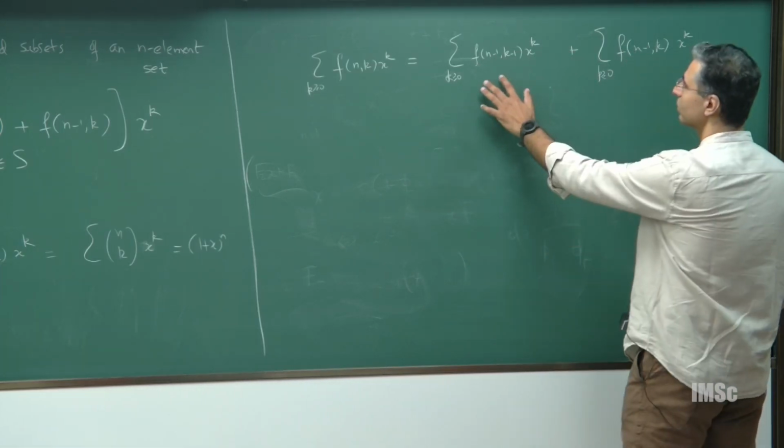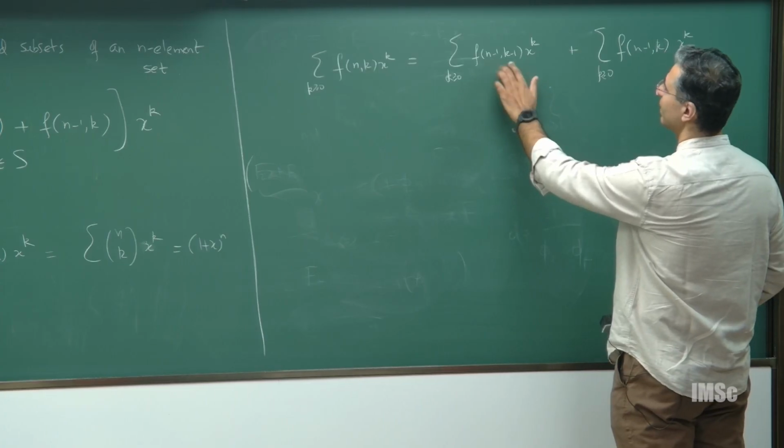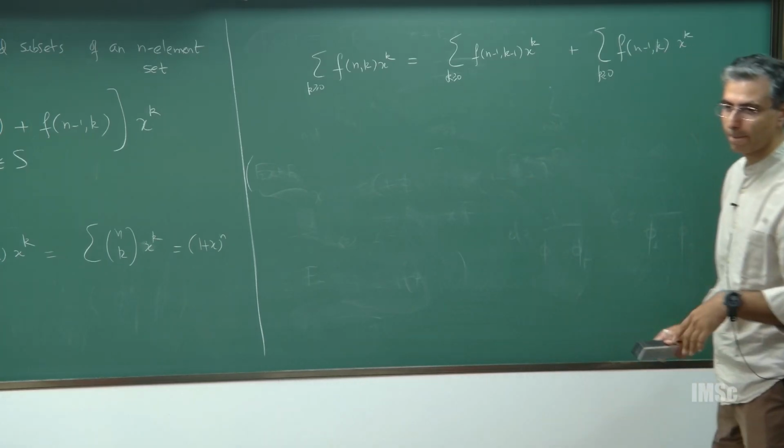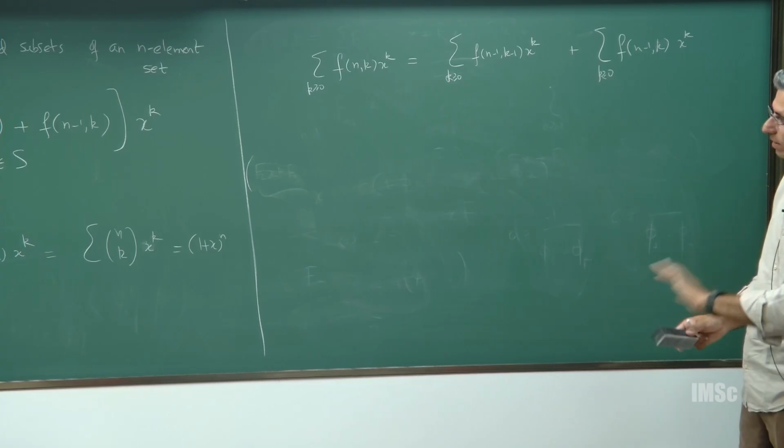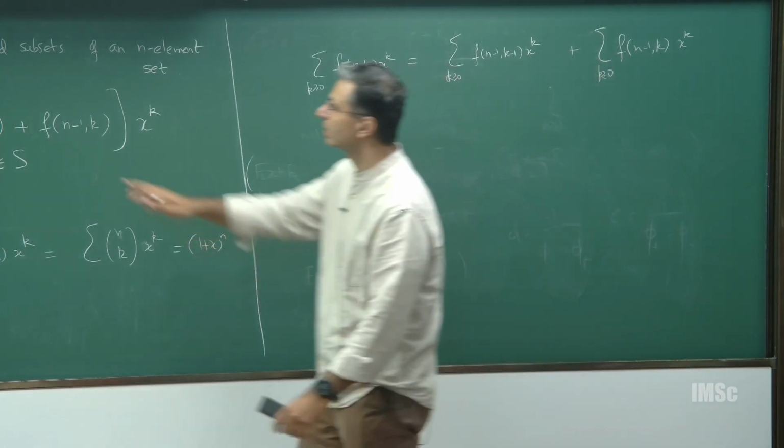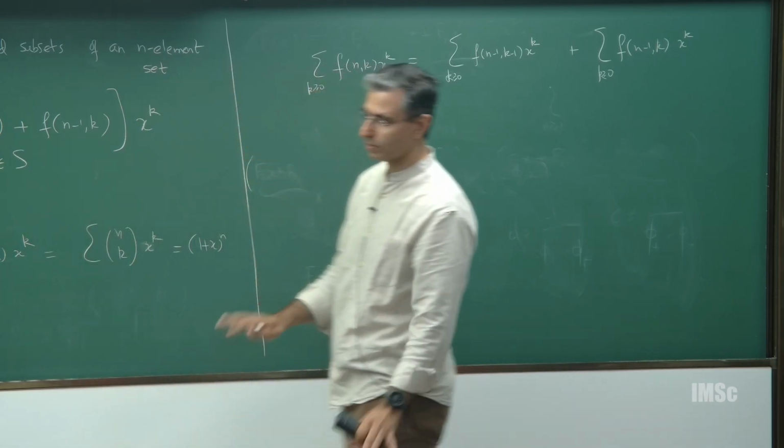Okay, you may have to worry about here, this is saying F(n minus 1, k minus 1), but let us say by definition if k is less than 0, it is 0, right.